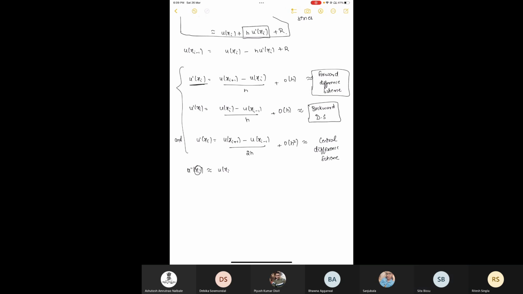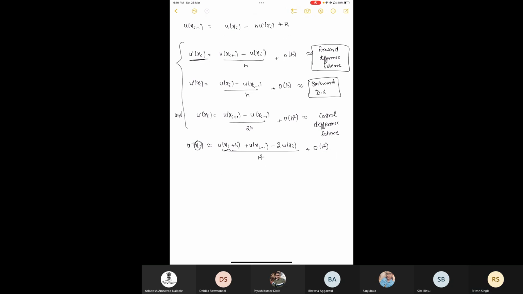So u of xi plus h is u of xi plus 1, then u of xi minus 1, minus 2u of xi, divided by h square, and this is of order h square.